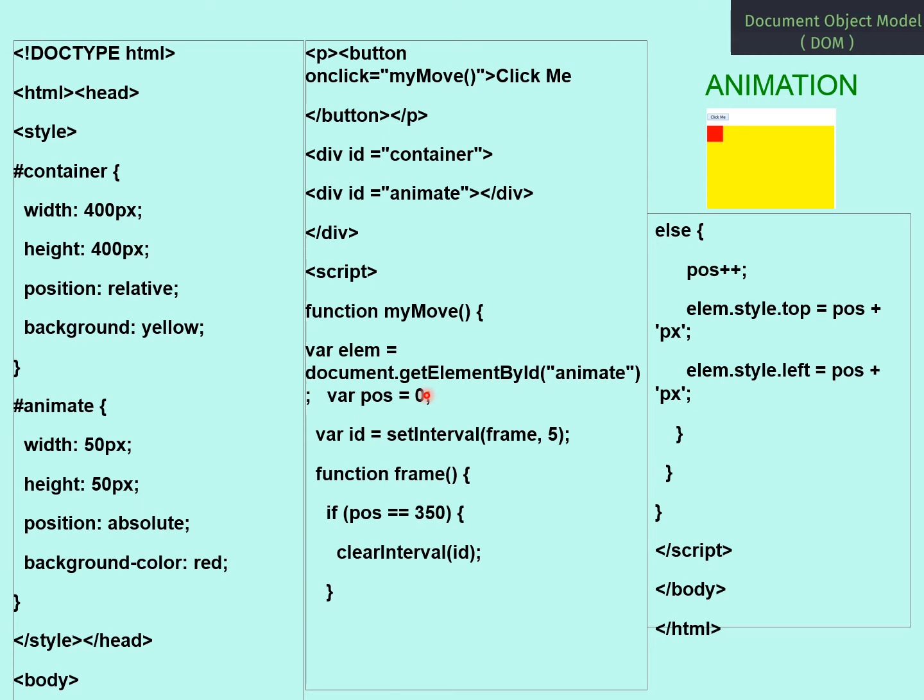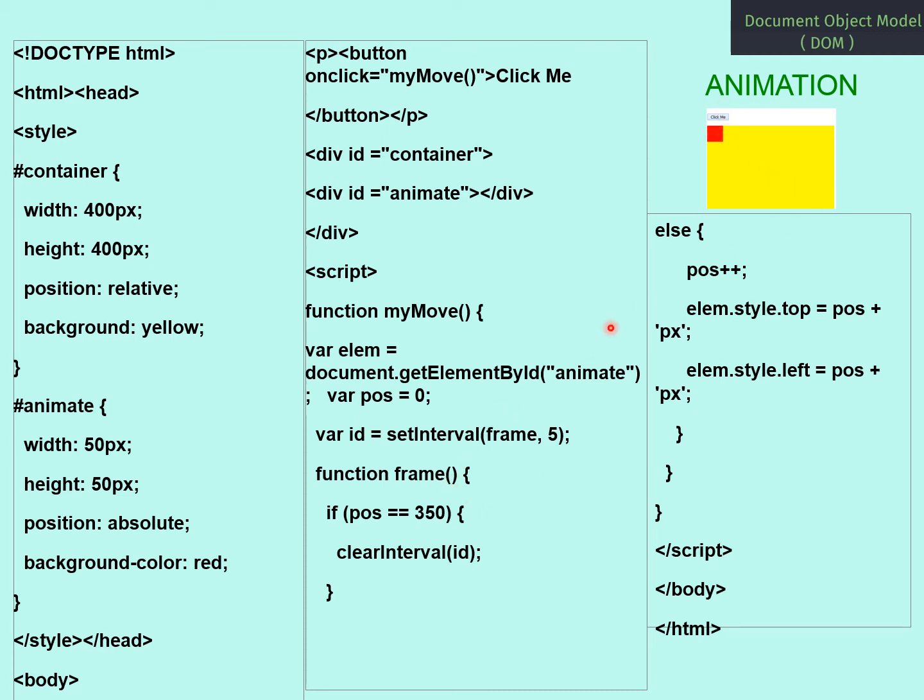So whenever a call towards the myMove function occurs, it will call the frame function, and in the frame function position is incremented top wise and left wise. So this red division will move downwards diagonally. We get a feel that whenever we click that particular button, it will move diagonally.